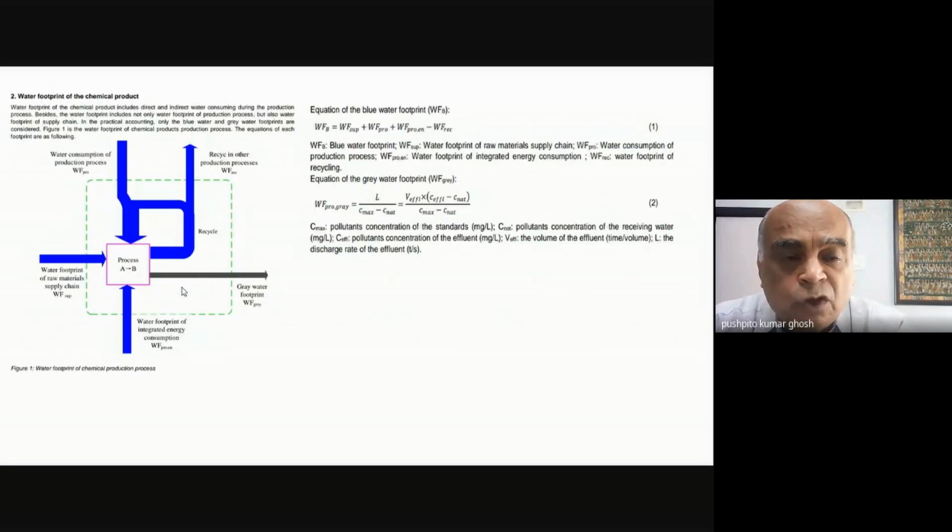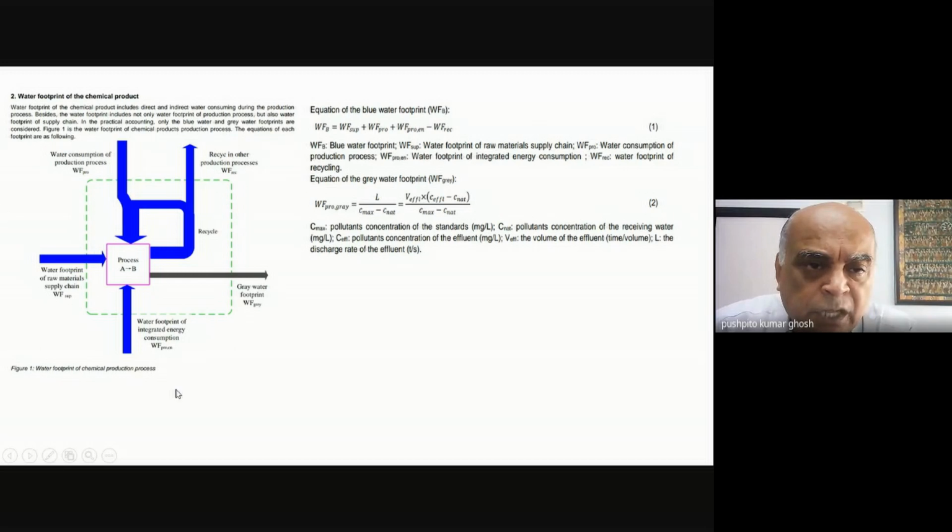All right. So let us look now a little more quantitatively at the water footprint, and it will also expose you to what is known as life cycle analysis, where you need to look at things in totality. You cannot just look at one part of an activity and say this is the water footprint. You have to look at it in totality.